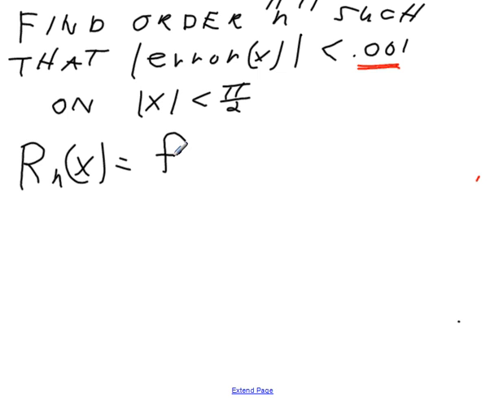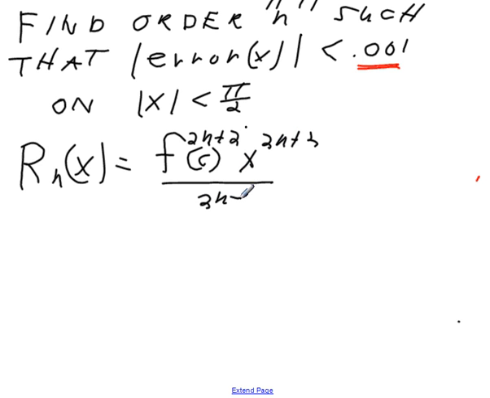Now, in this case, since all the terms are even, if I stop at the 2n-th term, the next derivative is going to be 2n plus 2. See if you get that. So if my last term is the 6th term and n is equal to 3, my next derivative is going to be 6 plus 2, or 8. I need to evaluate that at this magical c, times x to the 2n plus 2 over 2n plus 2 factorial.